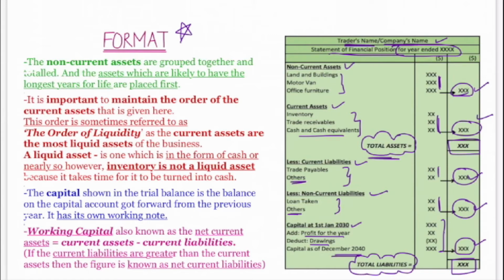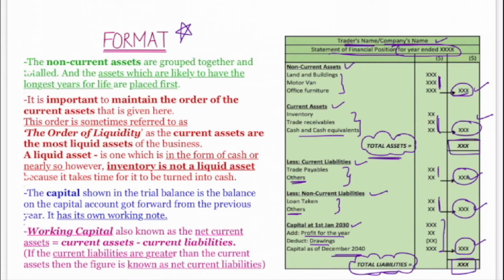However, in any case, which mostly happens, that your assets may not tally your liabilities, in that case, you need to go back to the question, read it again, go through. You might have missed some information or have made a mistake, okay, which you need to correct. So it's kind of an indicator whether you have solved the question correctly or not. That is a very big plus point.